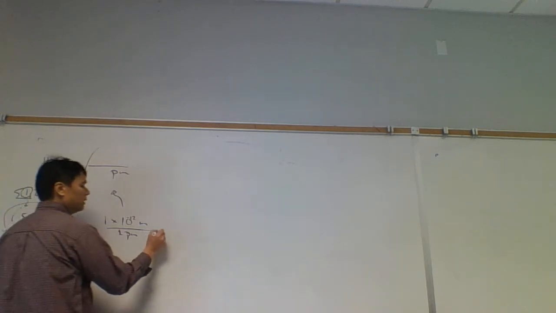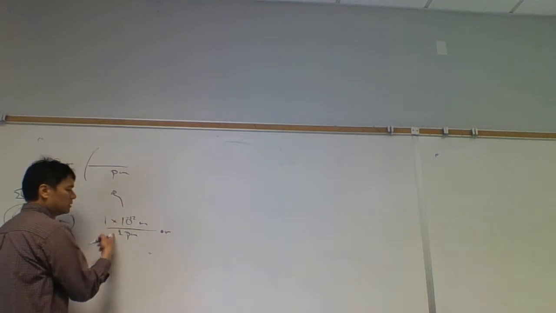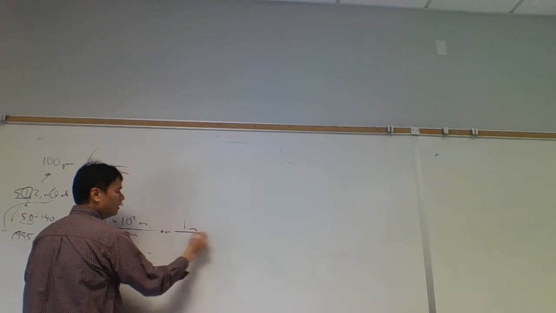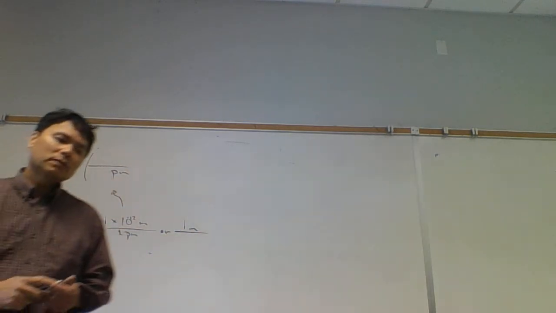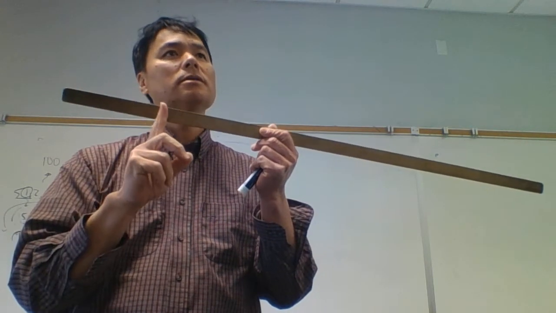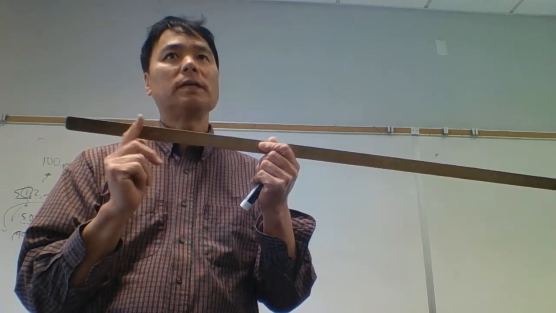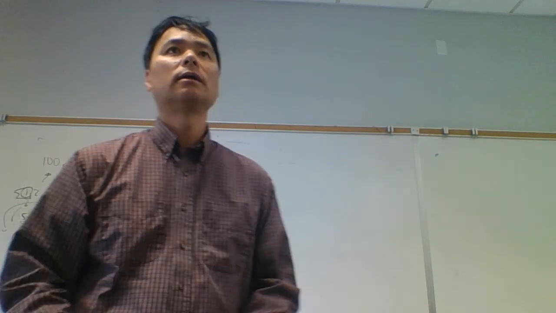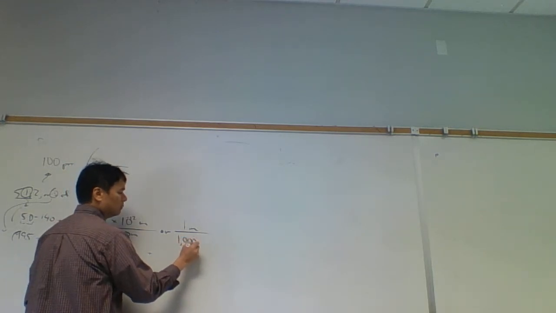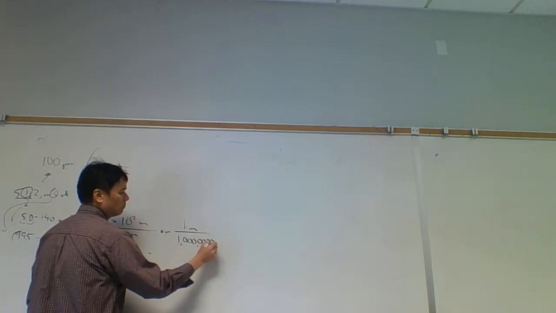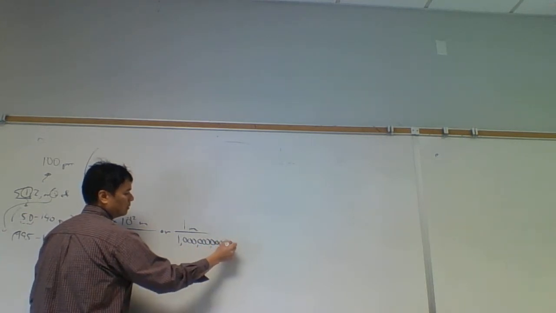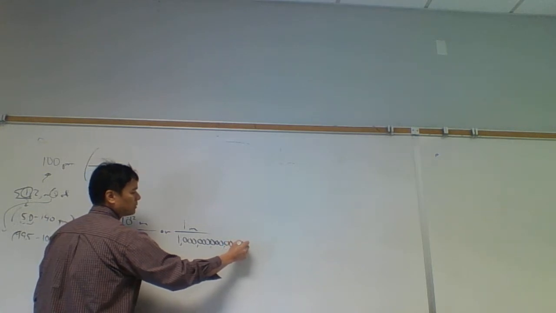Or we could do it this way. Because of the properties of exponentials, we could say that in 1 meter, if I took a meter stick like this and divided it into 1 trillion pieces, then each piece would be a picometer. So 1 meter contains 1 trillion picometers.